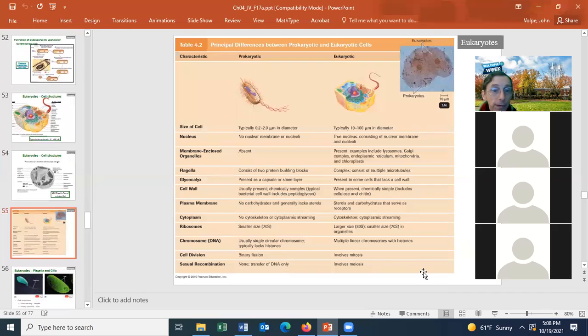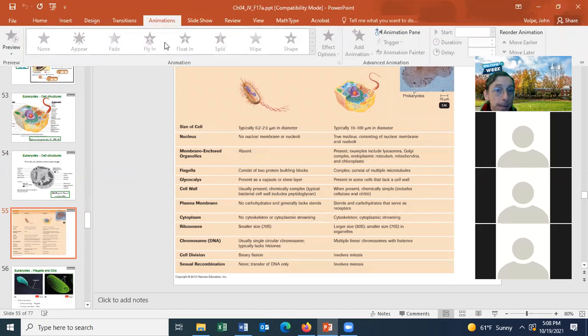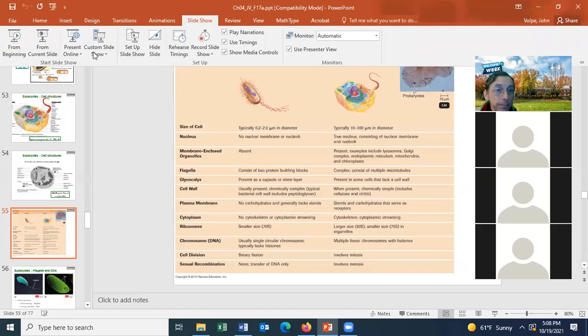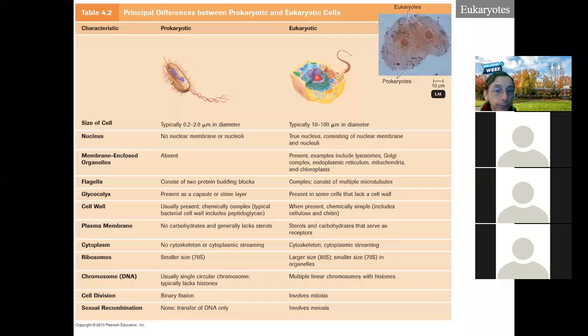This table is showing you some of the differences between prokaryotic and eukaryotic cells. Let me blow this up so we can see it better. Prokaryotic cells are smaller than a eukaryotic cell, generally about a magnitude of 10 times smaller.